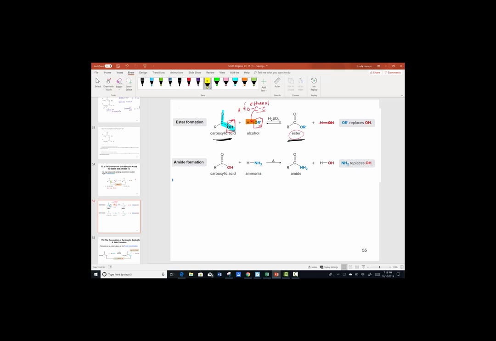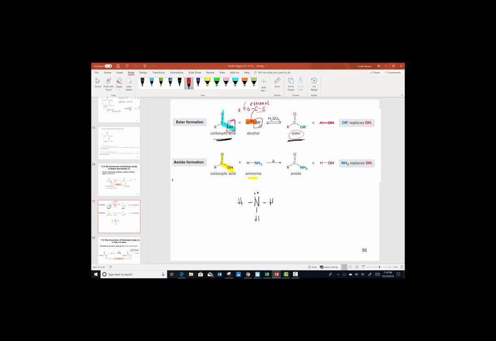We can begin with the carboxylic acid and react it with a nitrogen group, an amine. And if all the hydrogens in an amine saturate the nitrogen, it's called ammonia. So again, an amine that has all the hydrogens connected in all three bonding directions of nitrogen has a name that's probably familiar to us called ammonia.